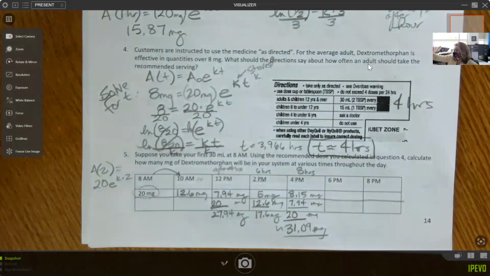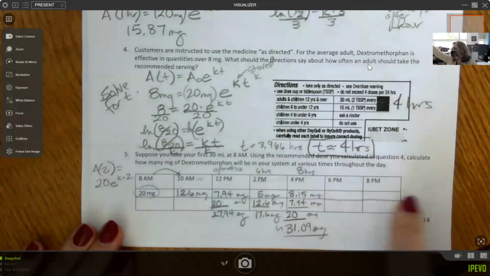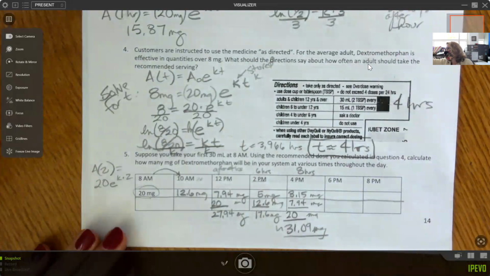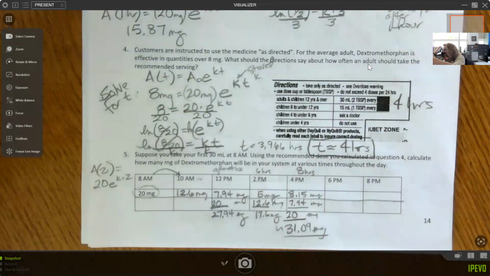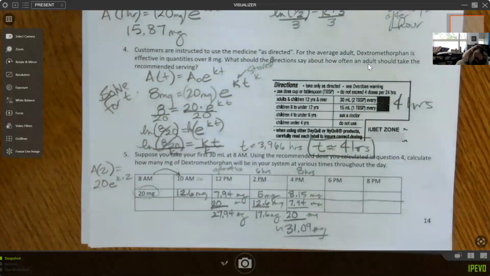Yeah, David? Can't you just put in the new number? Right, you could add them together and then go from that point, but I did this intentionally because I think it's interesting to see how much is left.